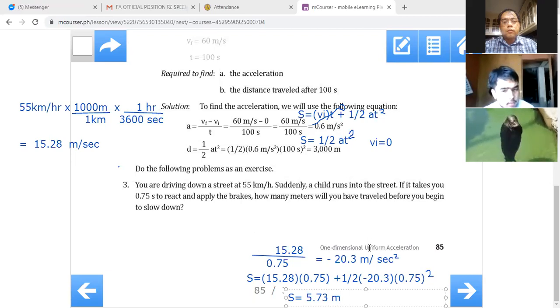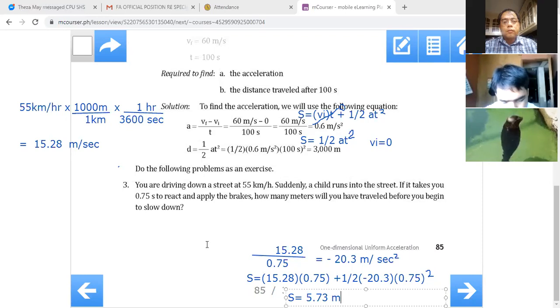Now, we have to be consistent with our units. According to our MKS, the meter, kilogram, second units, if there's a kilometer and an hour and you mix it up with seconds, you have to change these into consistent units like seconds or meters. You could never mix kilometer with meter or hours with seconds.